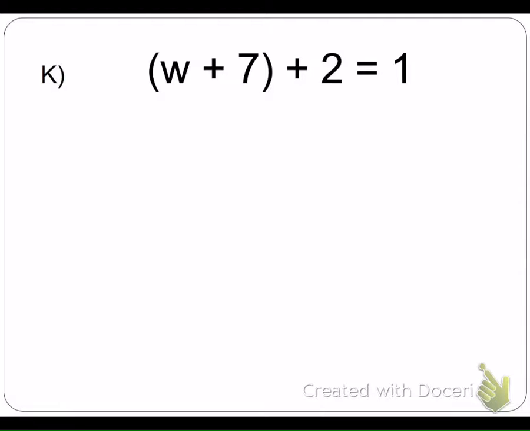All right, here is K. Now, normally when I see parentheses, I'll have to distribute. There's nothing to distribute though. There's no coefficient. If you want to distribute a 1, you can. You're just kind of doing work that doesn't really matter. These parentheses are basically just here to slow us down, okay? So I am just going to pretend they're not there, and I'm going to combine like terms. So 7 plus 2 is 9.